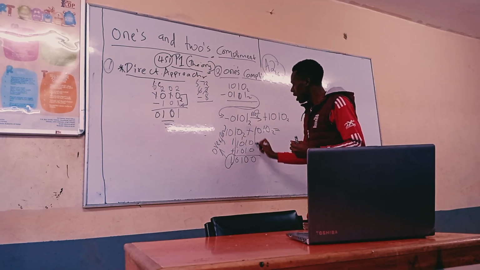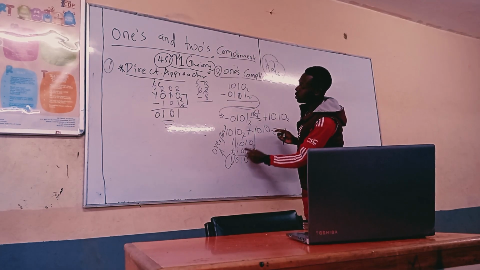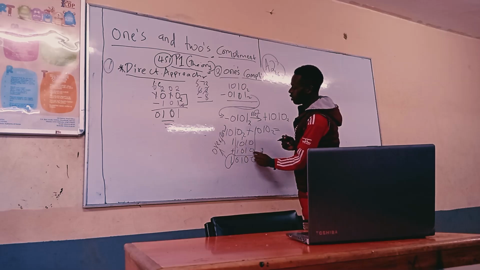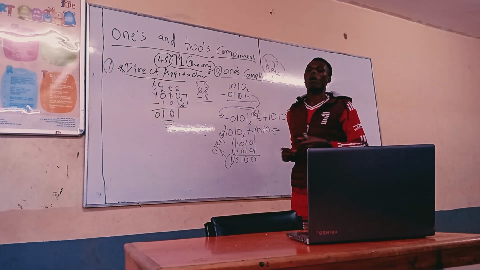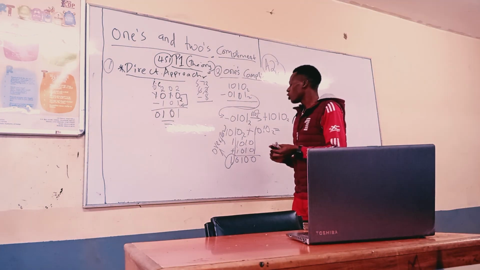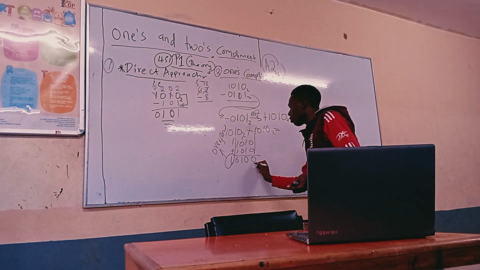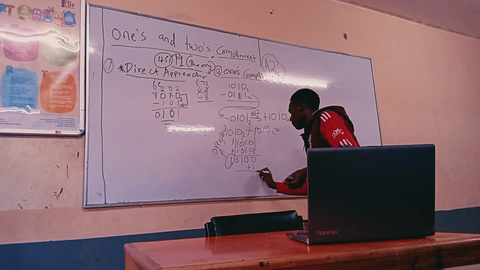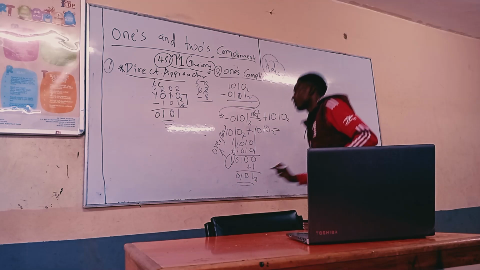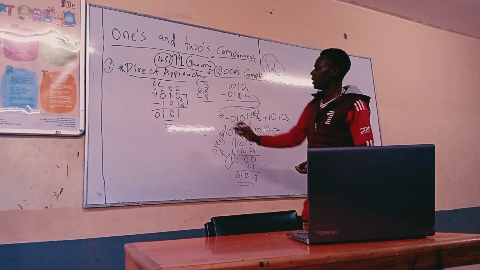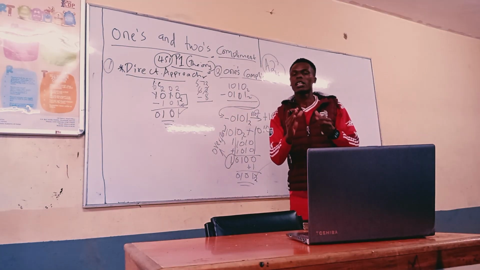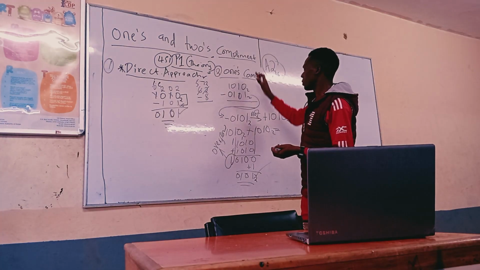Remember, our two terms have 4 bits. 1, 2, 3, 4, 1, 2, 3, 4. So that extra 1 that is coming, that is an overflow. So in one's complement, we take the overflow, add it to the first one, and then you find that is your answer. You see, this one is similar to this one. And that is how we go about using the ones complement.